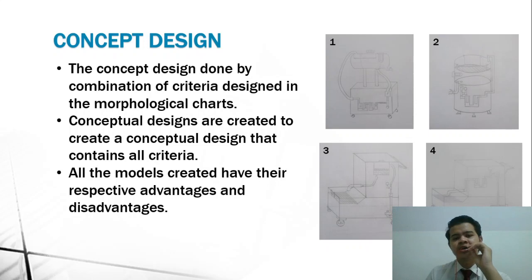Next is concept design. There are four concept designs that have been proposed. These concept designs are created to contain all criteria in the morphological chart. All models created have their respective advantages and disadvantages.